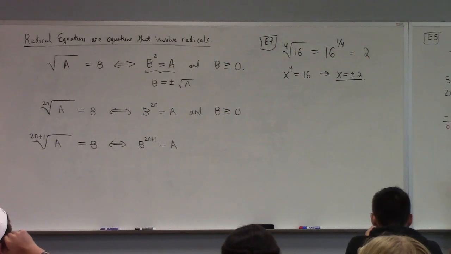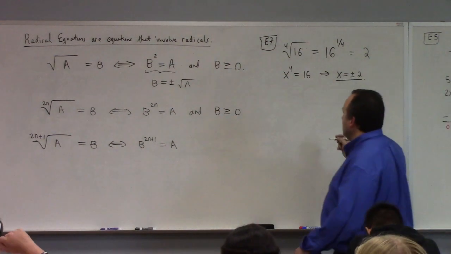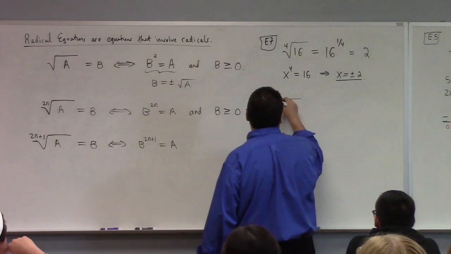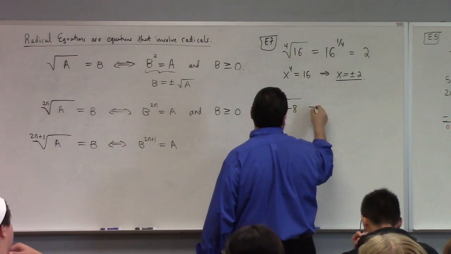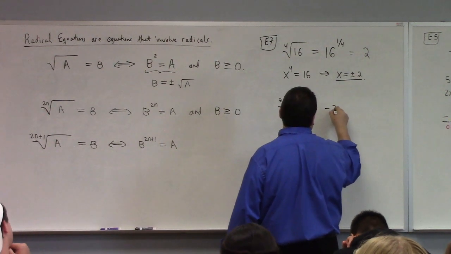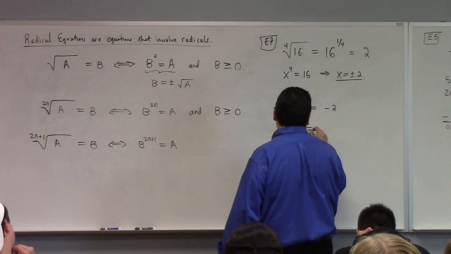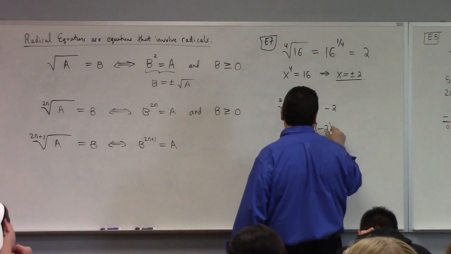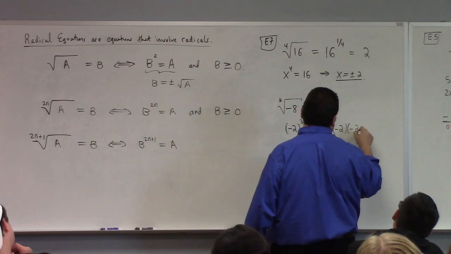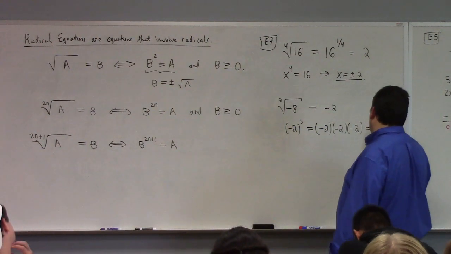Now, on the other hand, if I talk about the cube root of minus 8, well, the answer is minus 2. Why is that? Well, minus 2 cubed is minus 2 times minus 2 times minus 2, which is minus 8.